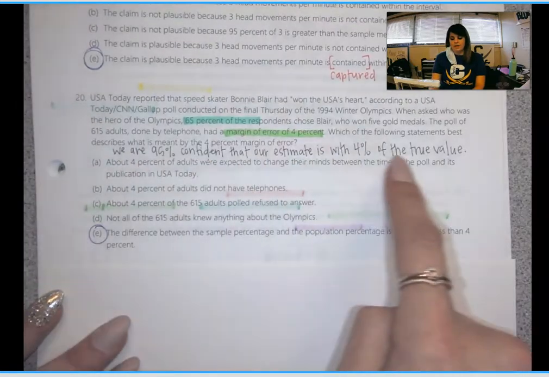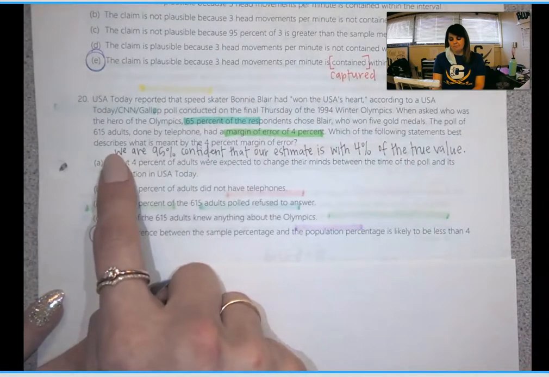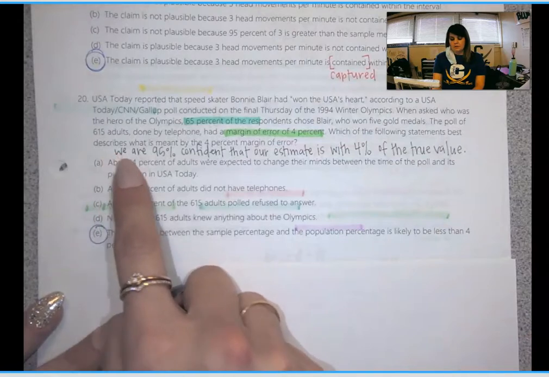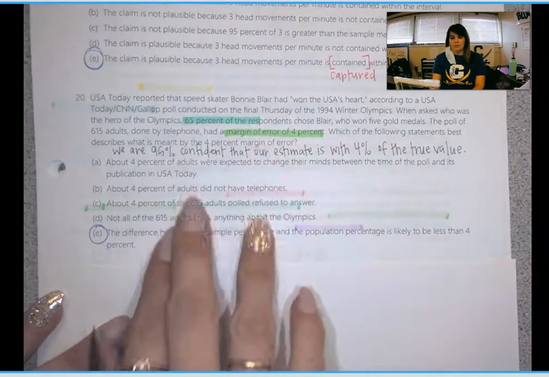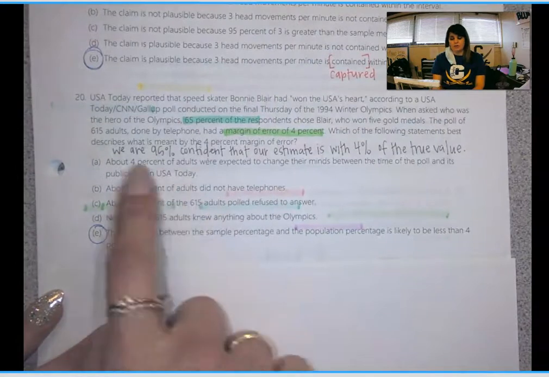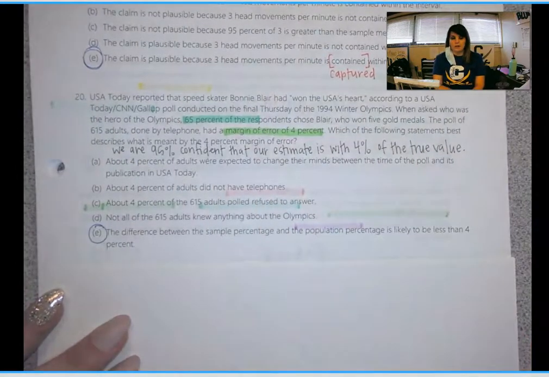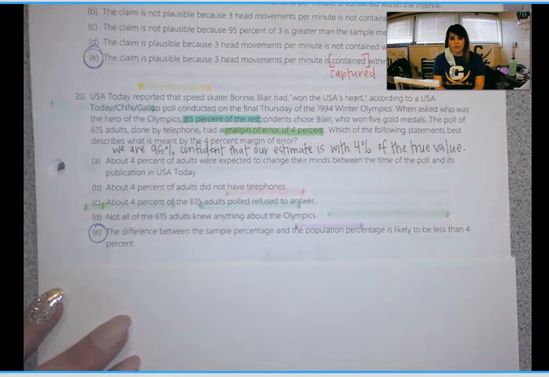What I have written here is me describing what I thought this meant before I even read any of the solutions. So I wrote this down before I read any of the solutions.